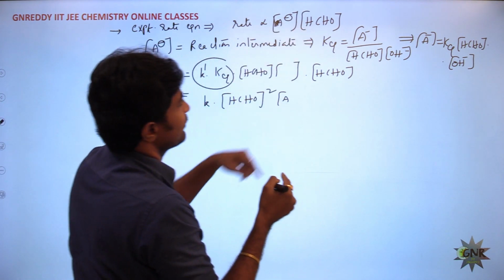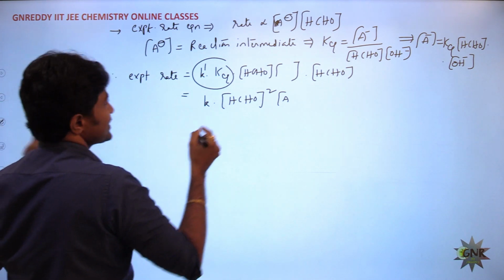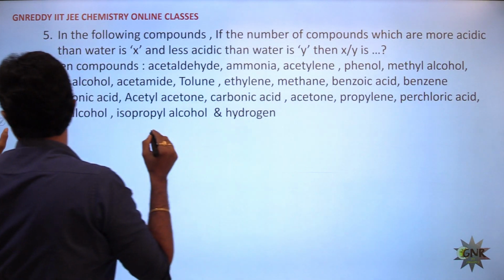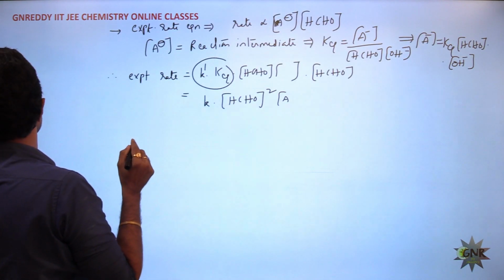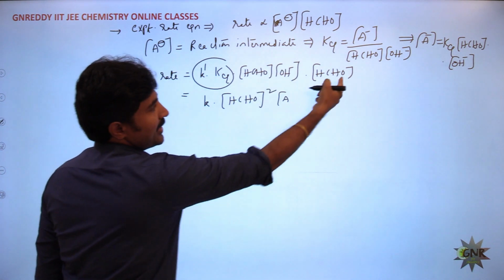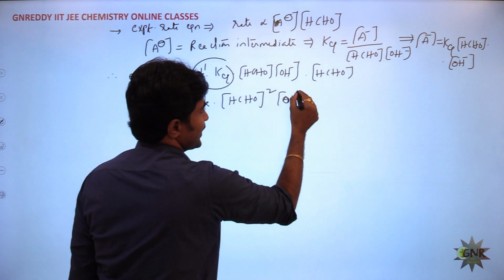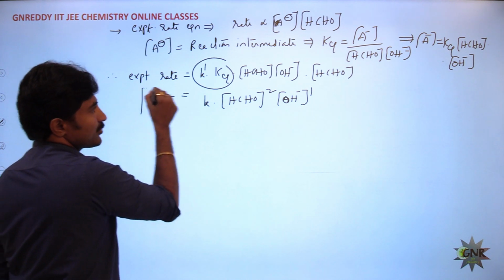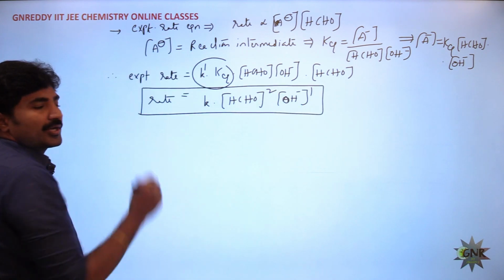Already we substituted the A minus concentration. Therefore formaldehyde square into OH minus power 1. This is the final experimental rate.